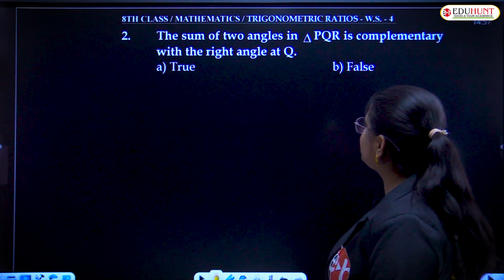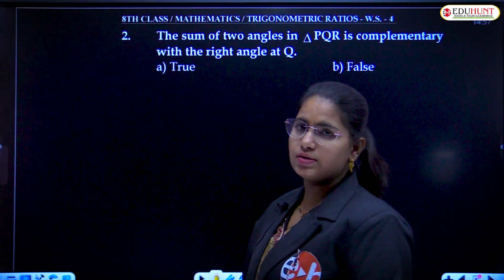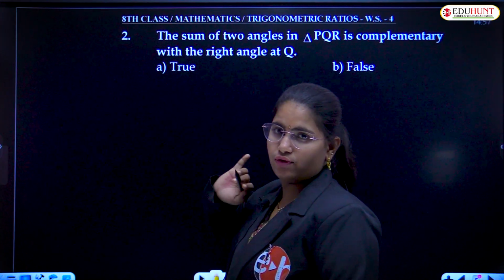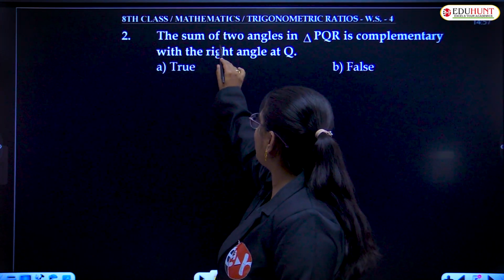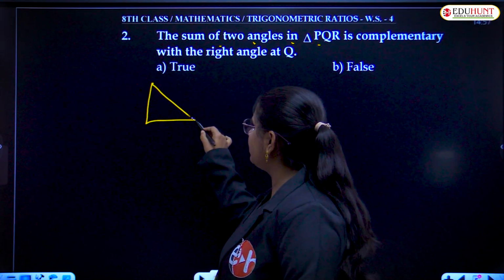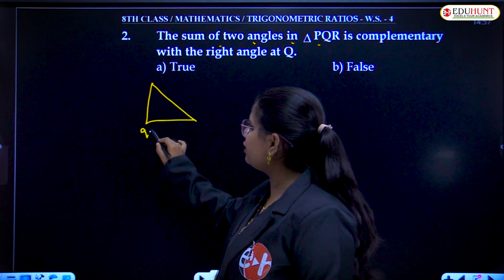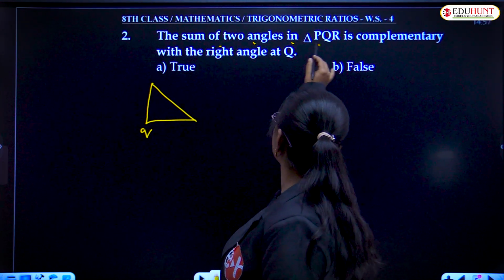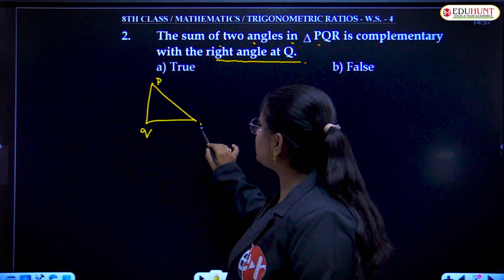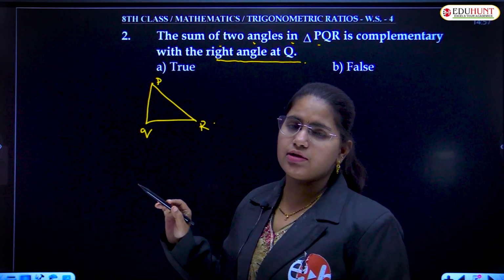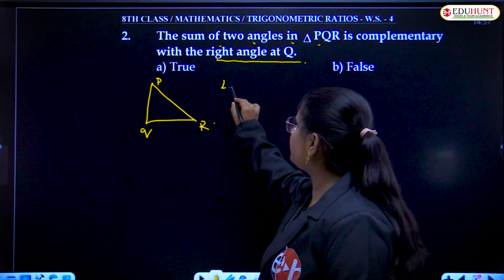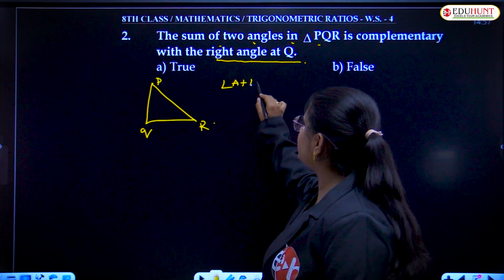The sum of two angles in a triangle PQR is complementary, with a right angle at Q. Is it true or false? Let me take a right angled triangle having the right angle at vertex Q, because they have mentioned vertex Q. So, what do you know about the angle sum property of a triangle?